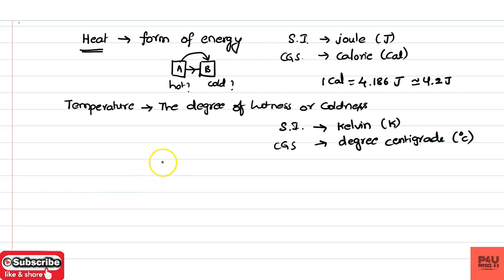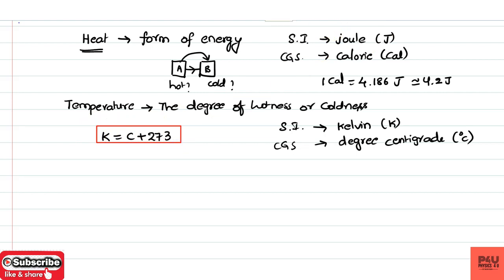That means by using Kelvin you can measure the absolute temperature. You can also measure with the degree centigrade. You can also express it in centigrade scale. And what is the relation between degree centigrade and Kelvin? K is equal to C plus 273. K is equal to C plus 273 is the relationship between K and C.